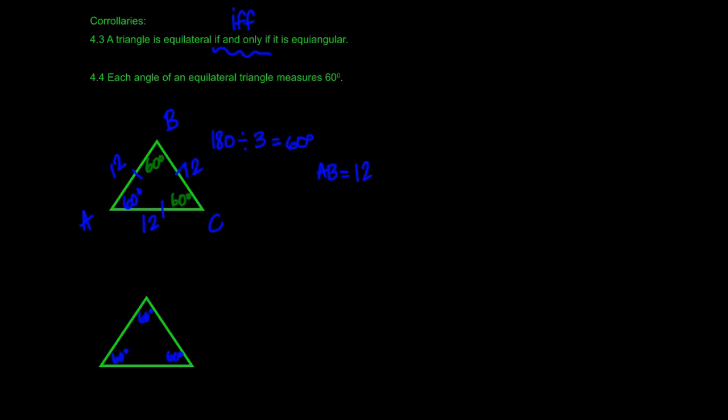If the sides are marked, let's use this one at the bottom. And let's say that my sides are marked equal to each other. And this side is 6y plus 3. This angle is 4x minus 8.